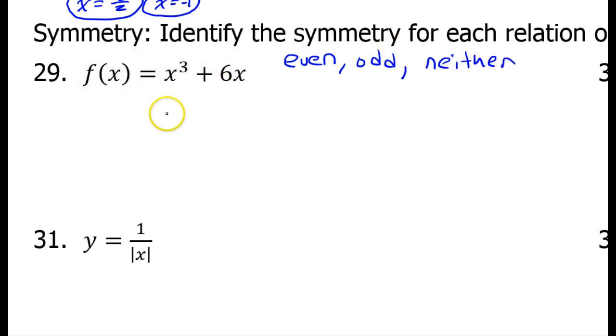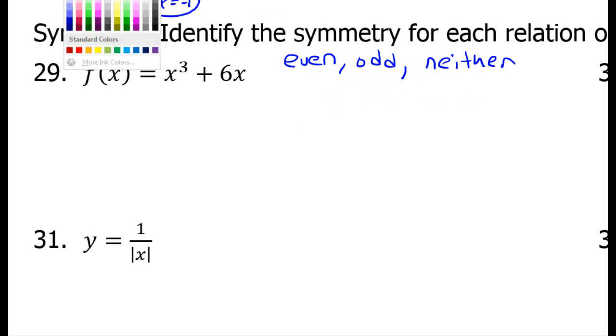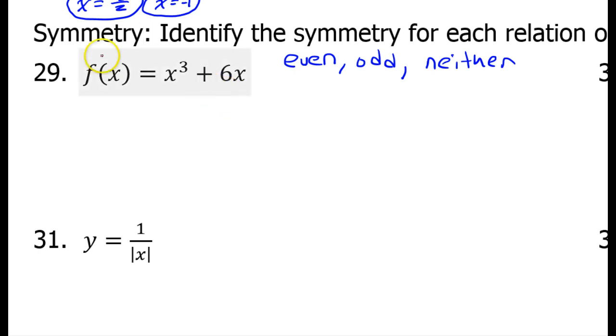Now, figuring out whether a function has even, odd, or neither symmetry comes down to comparing three different versions of the function. One version that we're going to need is negative f of x, and I'll show you how to find that in a second.